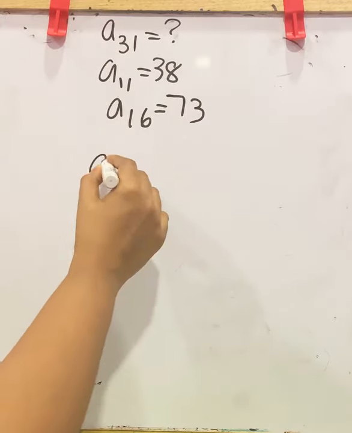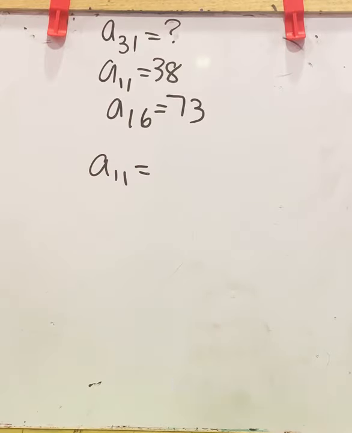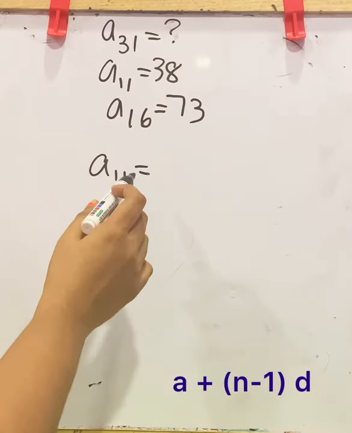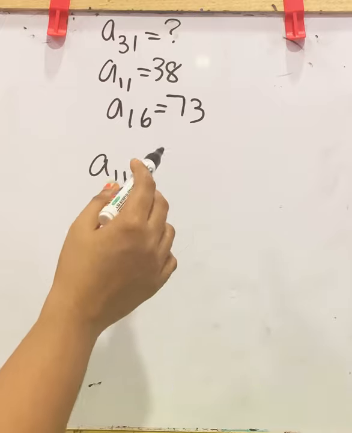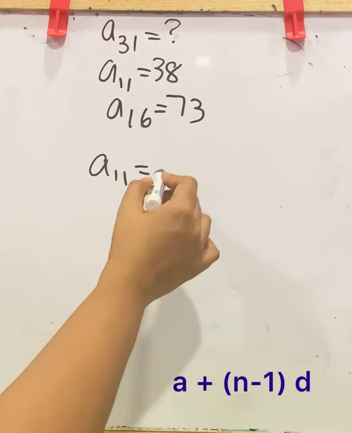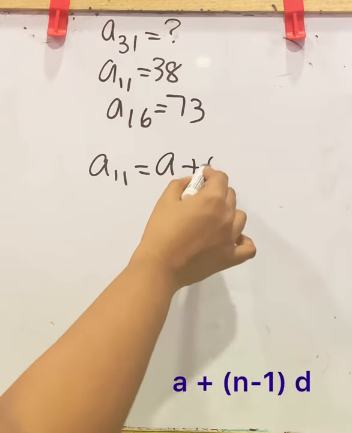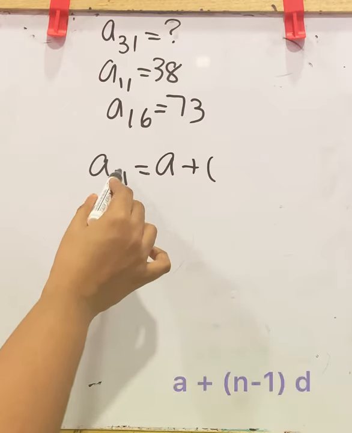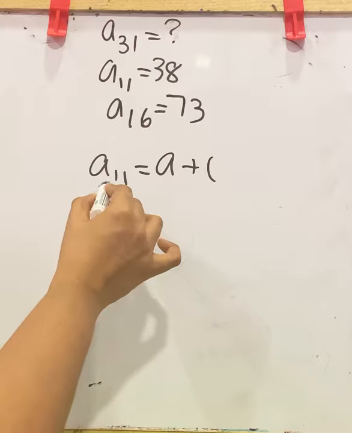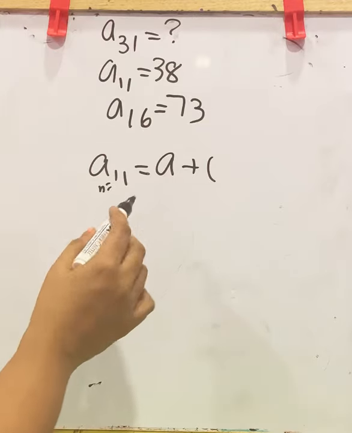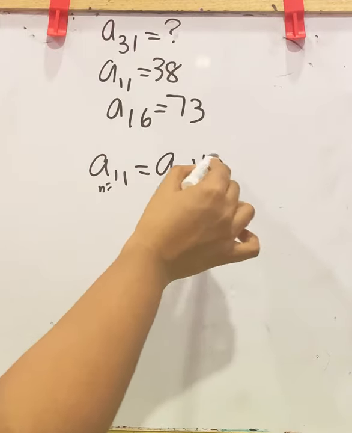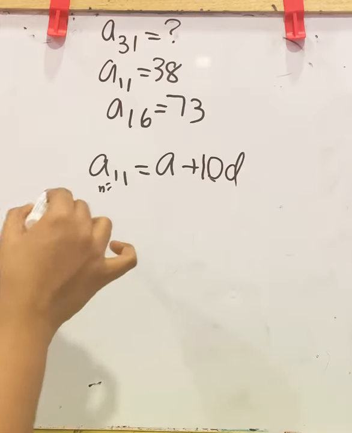For that we will write A11 equal to, the formula is An equal to A plus N minus 1 into D. Here we don't know A, so we will write A, the first term. Now N minus 1, that is 11 minus 1. Here N is 11, 11 minus 1 is 10, 10 into D. D we don't know.